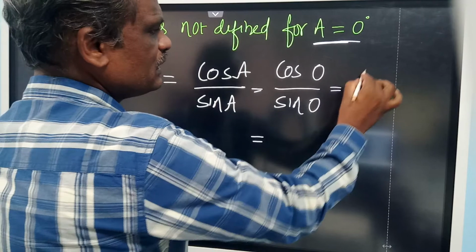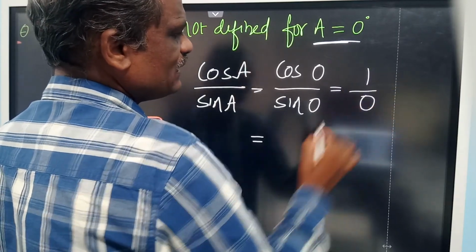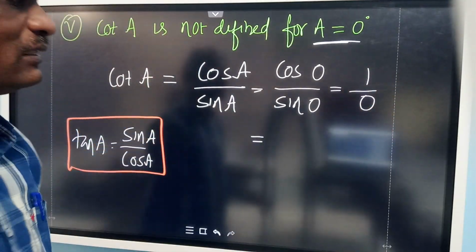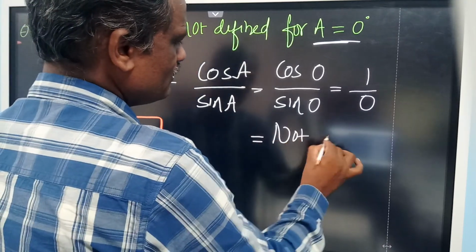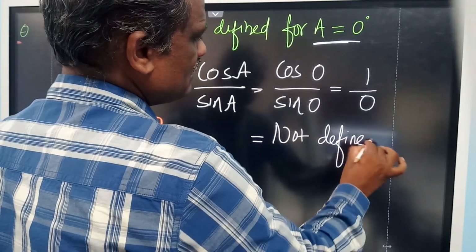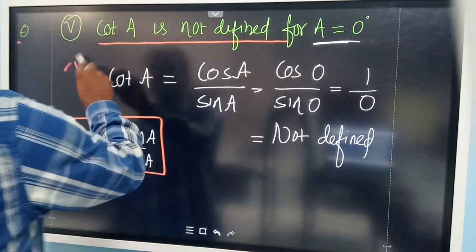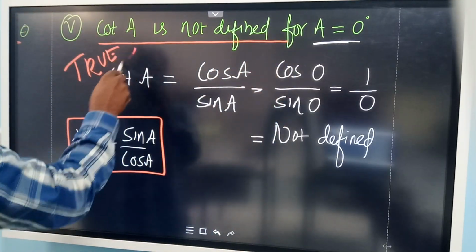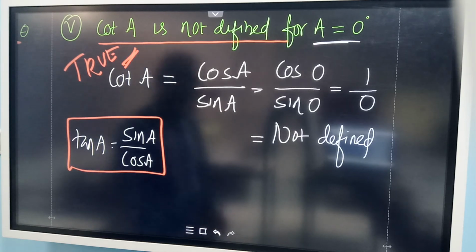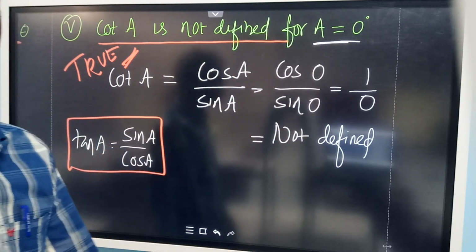What is cos 0 here? 1 divided by 0. Any number divided by 0 is not defined. So therefore, cot A is not defined. This statement is true. Cot A is not defined at A equal to 0 degree.